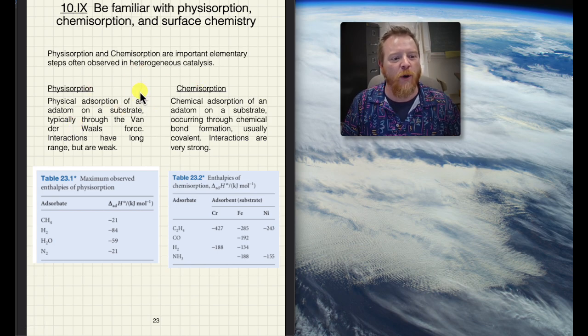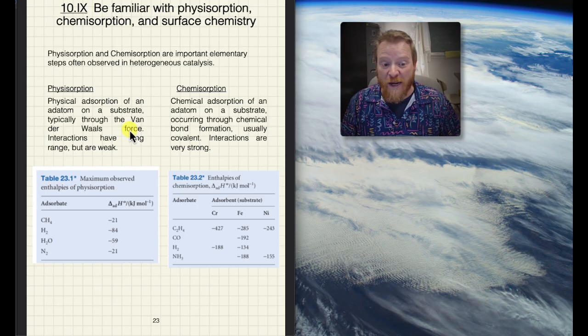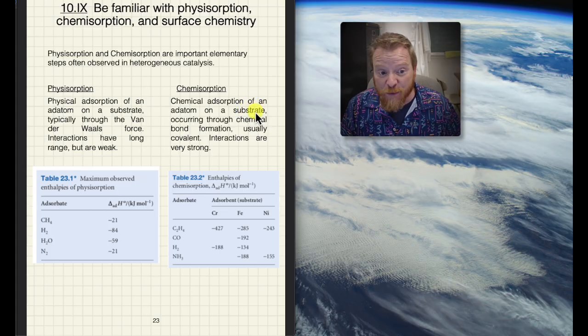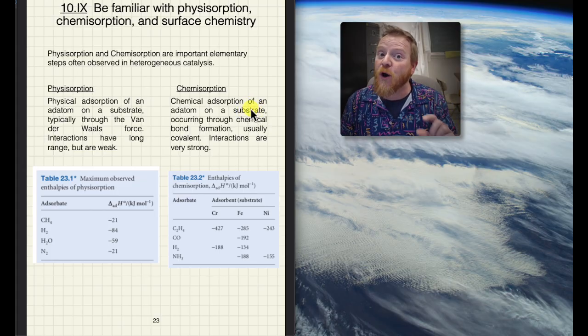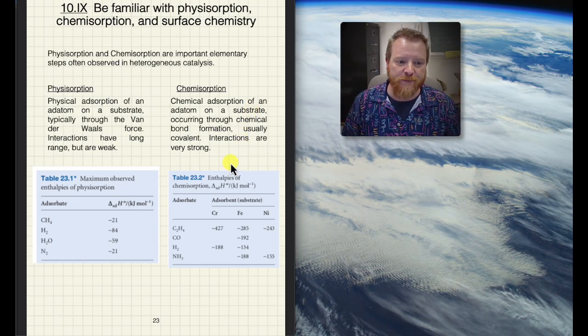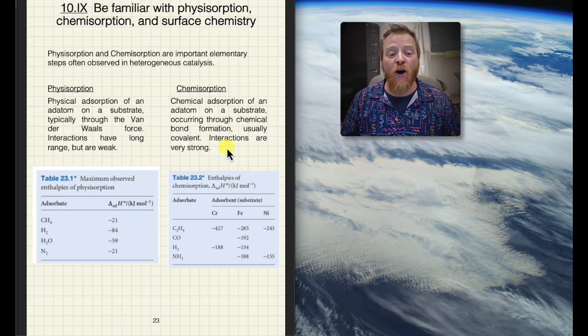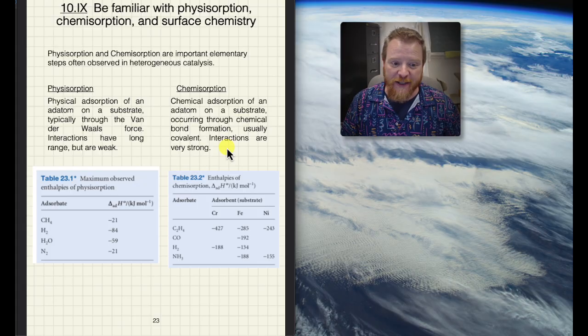So getting into those differences between physisorption and chemisorption. Physisorption is typically through the van der Waals force. So the interactions can have very long range, but are typically very weak. On the other hand, chemisorption occurs through chemical bond formation. So we make a new covalent bond between the adsorbate and the adsorbent. And the interactions are usually very strong and are surface dependent, right?